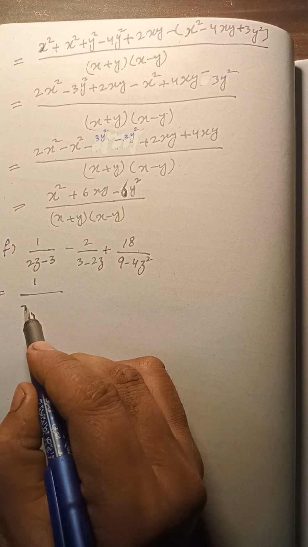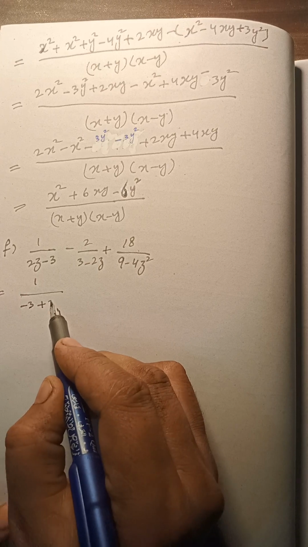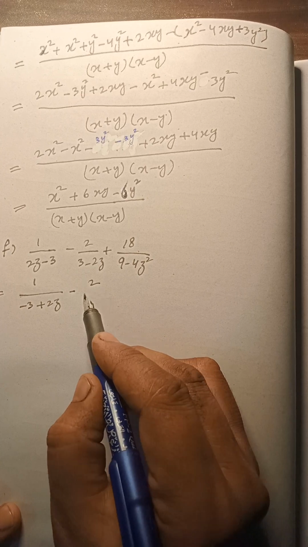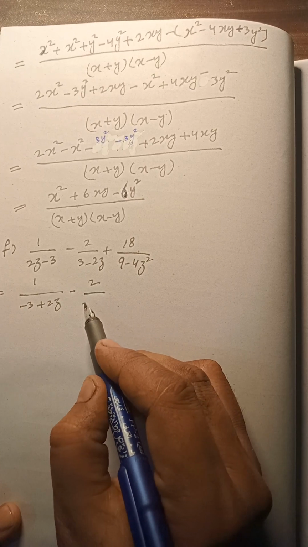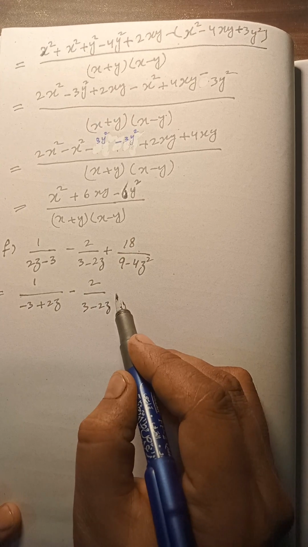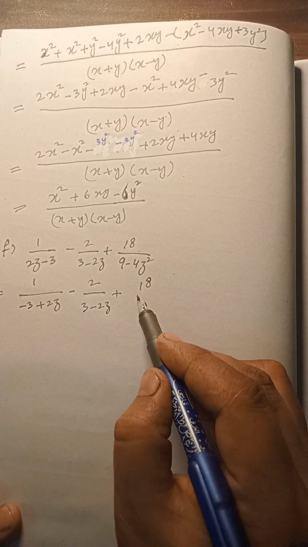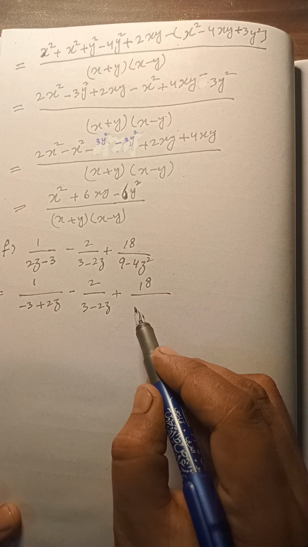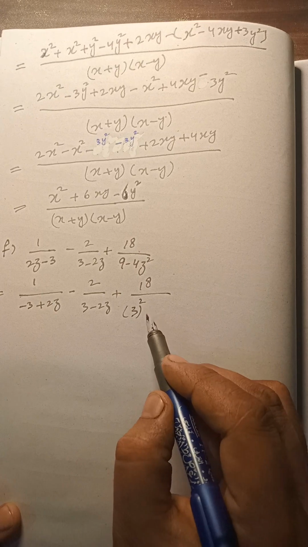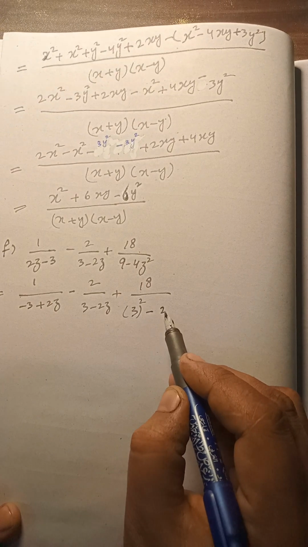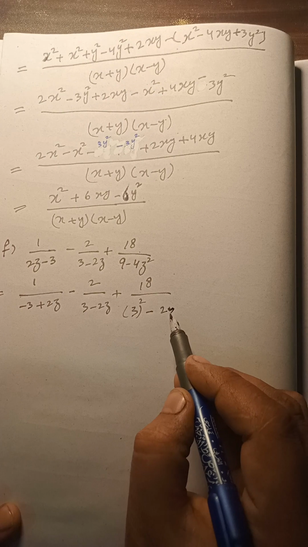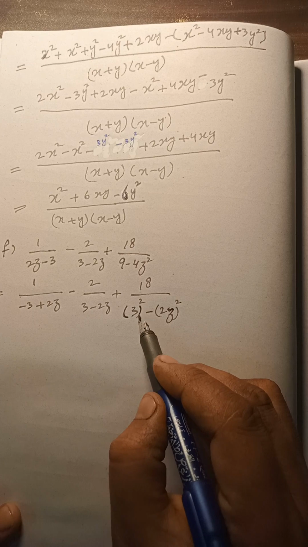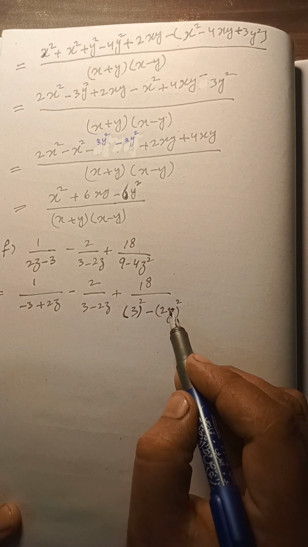1 over minus 3 plus 2z, and here 2 over 3 minus 2z, and here 18 over, you can apply an identity, 3 square minus 2z square, just like a square minus b square.